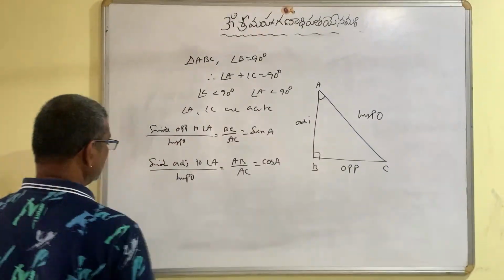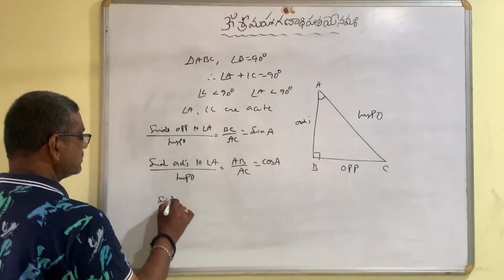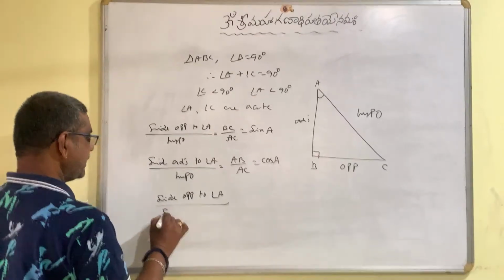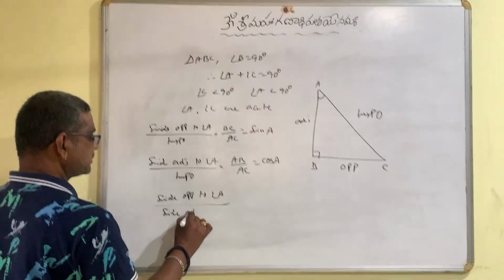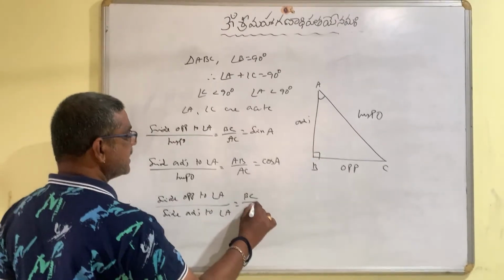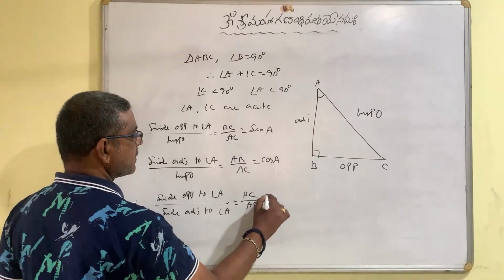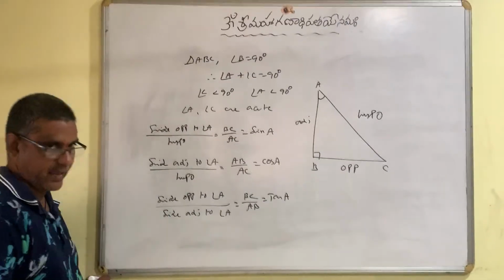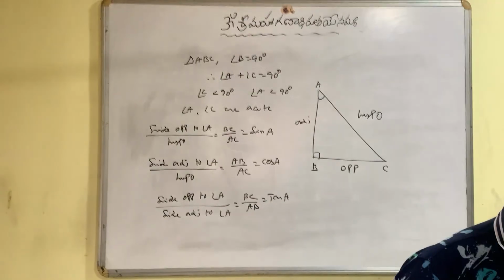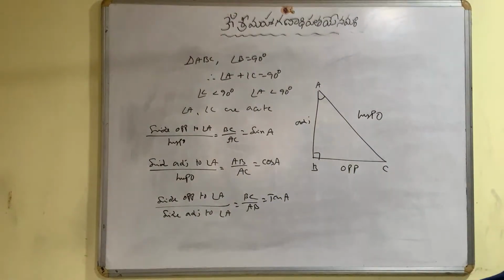Next one, third one, side opposite to angle A by side adjacent to angle A, which is BC by AB, tan A. So these are the main three ratios, the first three ratios.